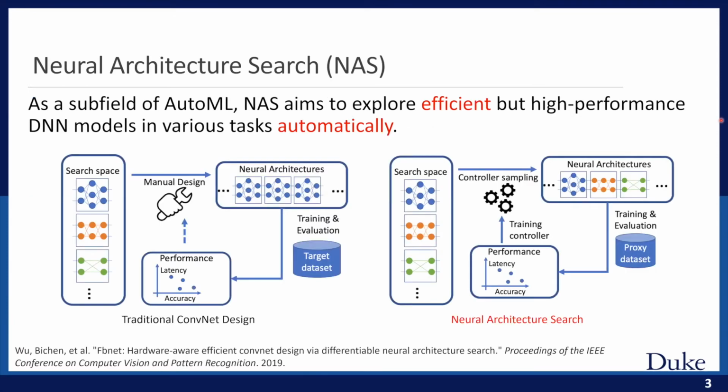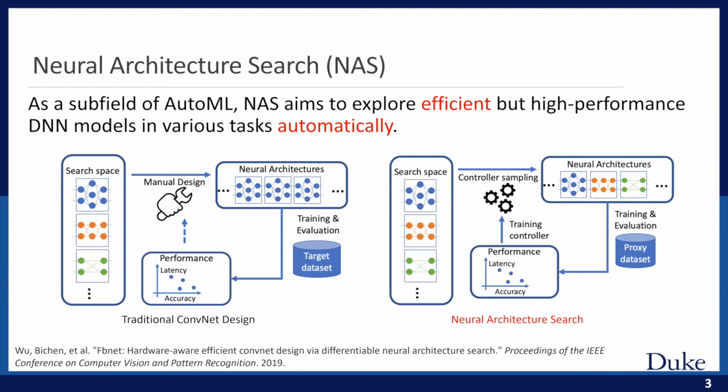So let me start with the neural architecture search work over here. This page shows and compares neural architecture search and the traditional DNN model designs. Basically, NAS is a subfield of what we call auto machine learning or AutoML.